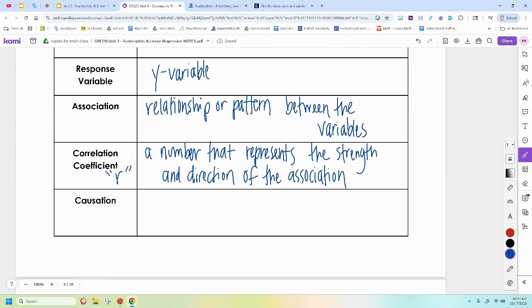So then there's this idea of causation. Okay. So causation is the idea that there's a reason, aka a cause, that creates the association.